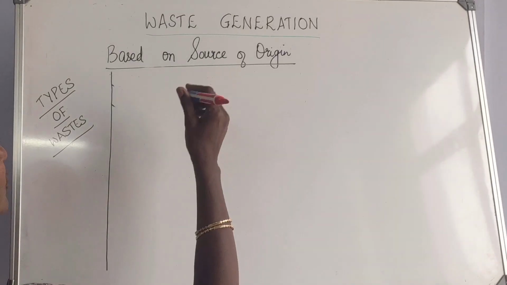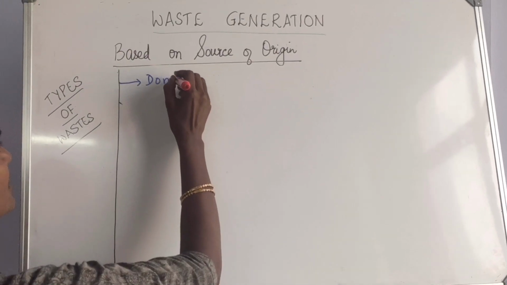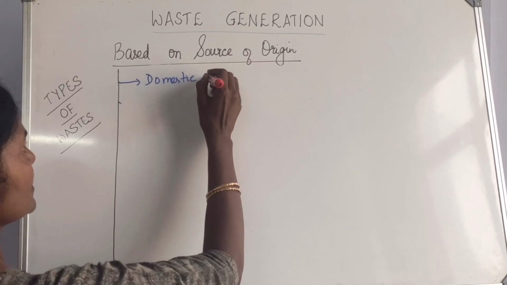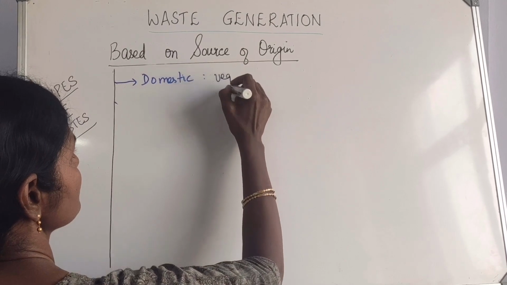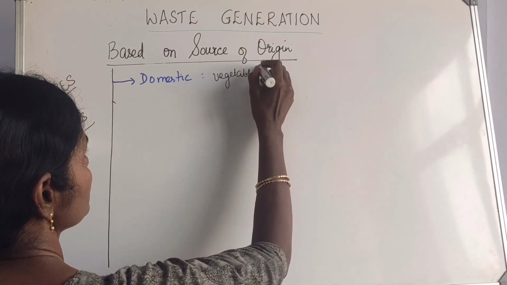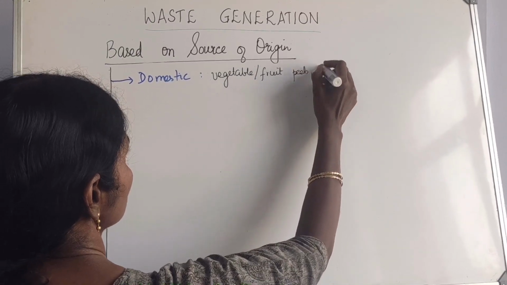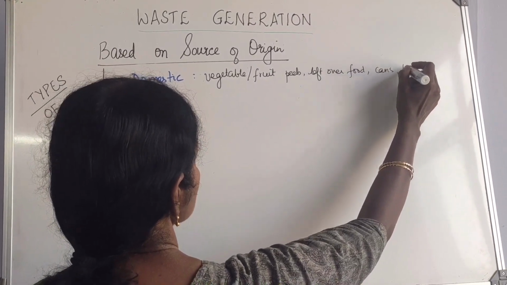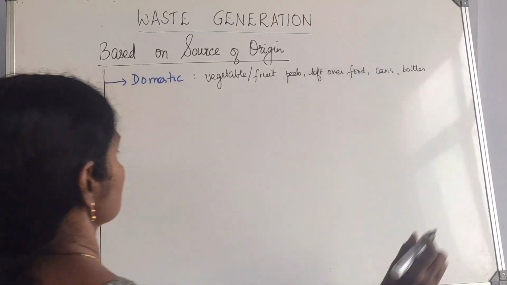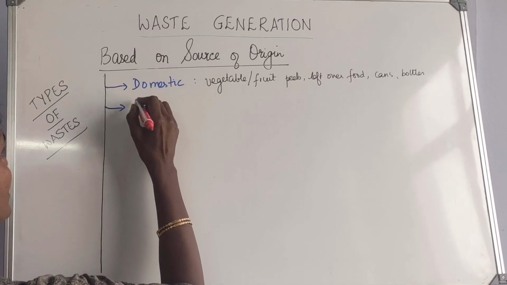Based on the source of origin, we can divide the types. The first one could be domestic. Thinking about domestic, we have vegetable and fruit peels, leftover food, cans, bottles, etc. Next we move on to industrial waste.